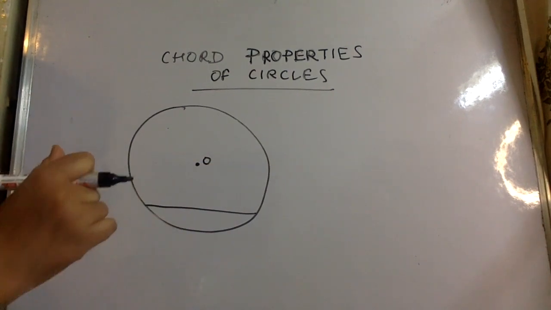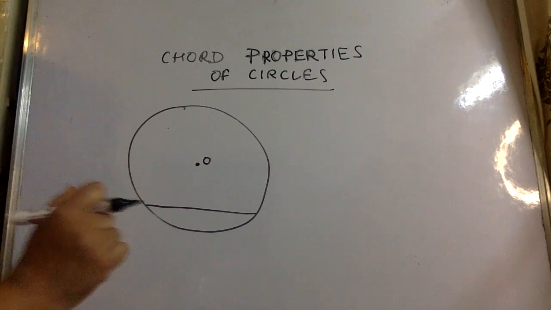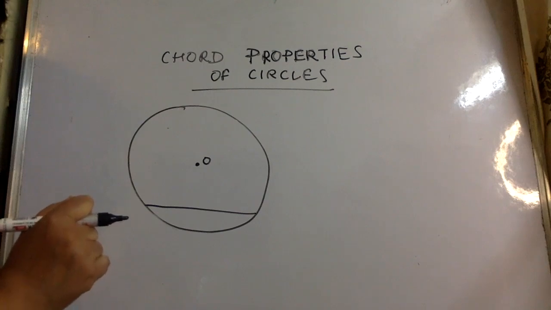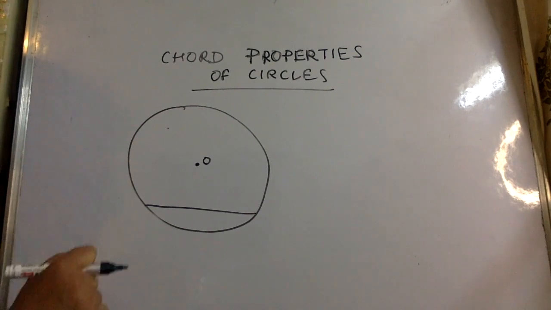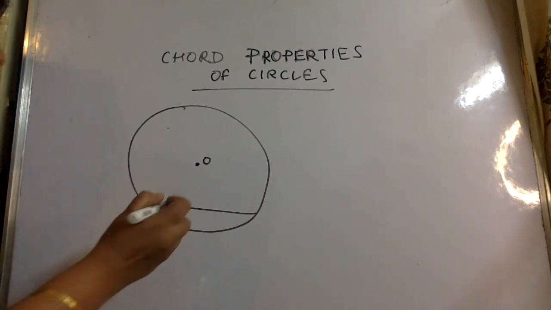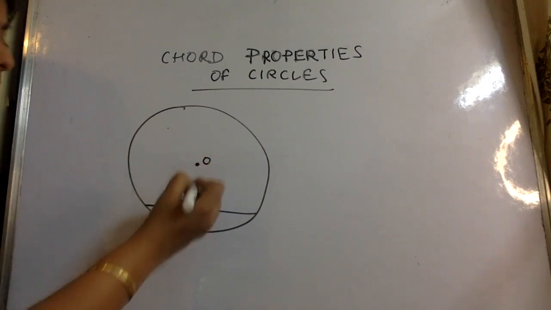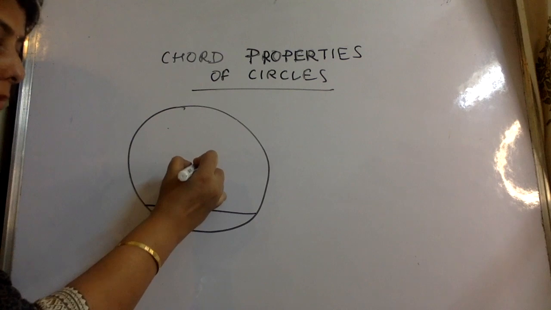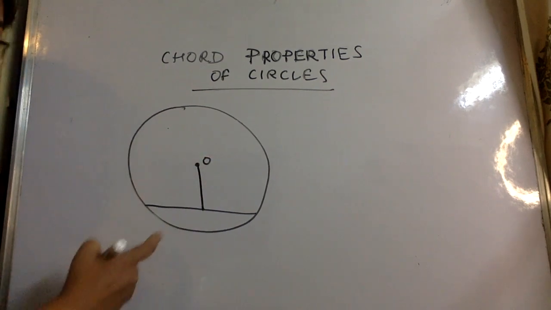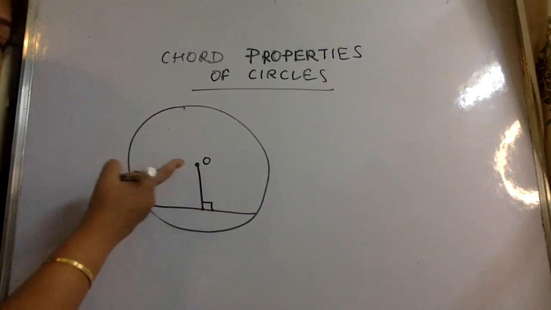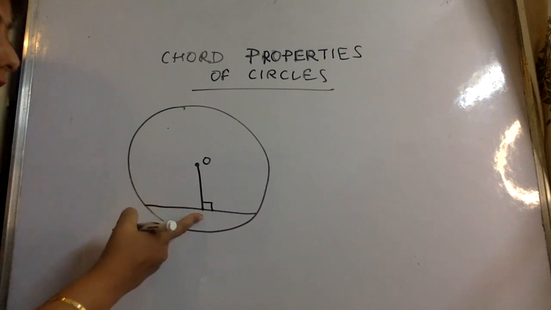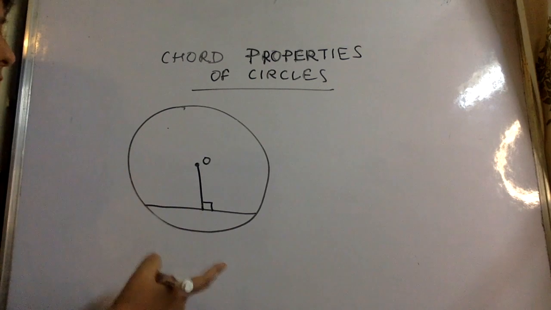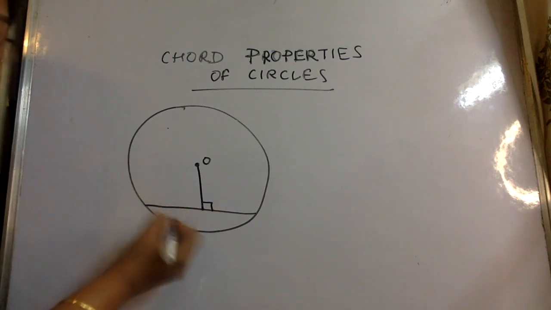Now what does the chord property say? In chord properties, they say that if a line is coming from the center perpendicular to the chord, that is, first condition it is coming from the center, second condition it is coming perpendicular, then it definitely bisects the chord.